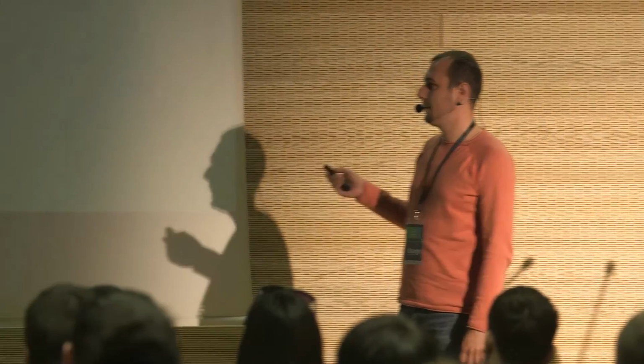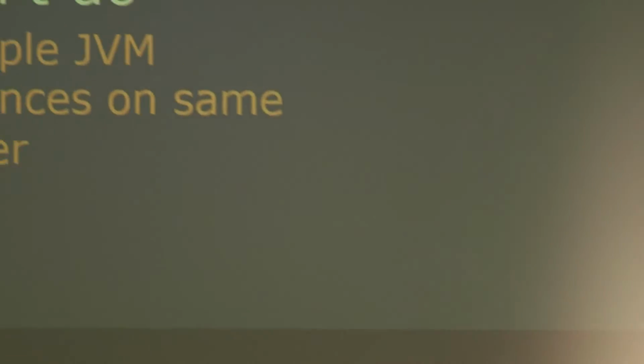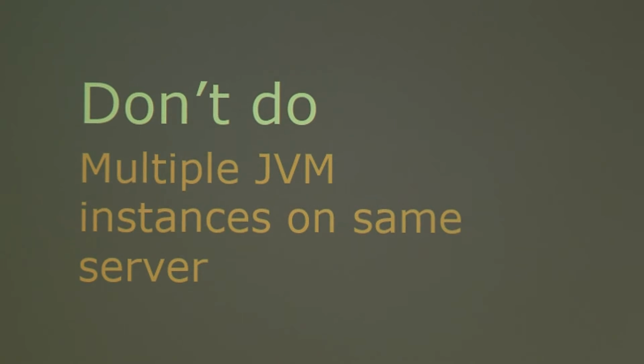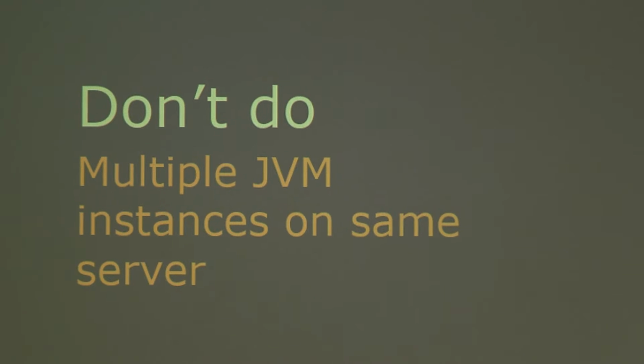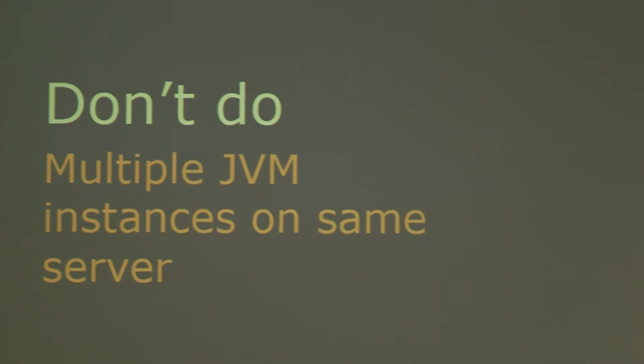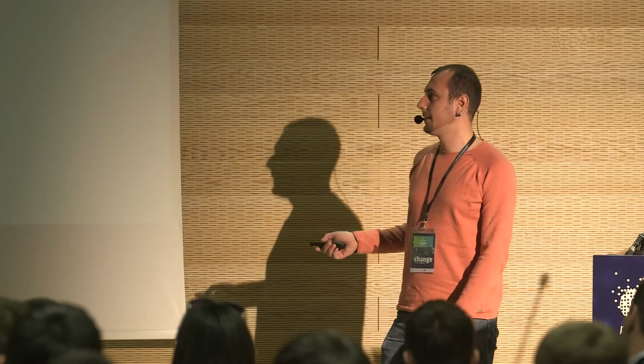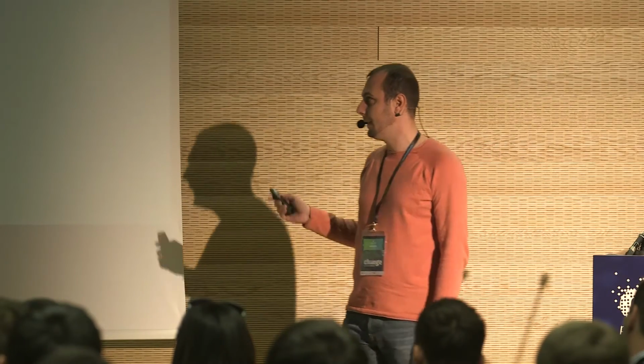For example, if you have 3 applications on the same server, and these are the only application instances of your entire application, then if the one server goes down, your entire application goes down. It's harder to maintain. You should always scale vertically first, increase heap, and if you need to scale horizontally, you should do clusters with multiple servers and a single JVM instance, not the other way around.